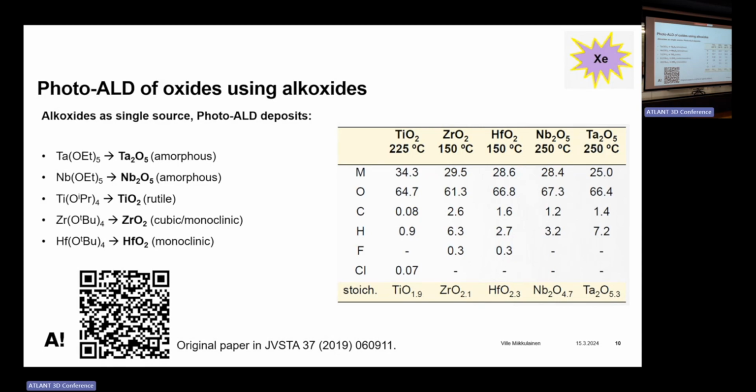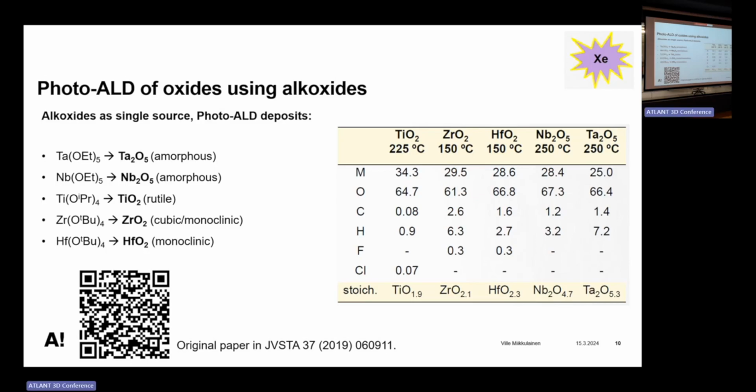And zirconium oxide had this cubic phase mixed with the monoclinic. The cubic phase is of course the desired one because it has the highest permittivity for applications in gate oxides. And they were also quite pure, I would say, considering the process approach. So a very low amount of impurities.